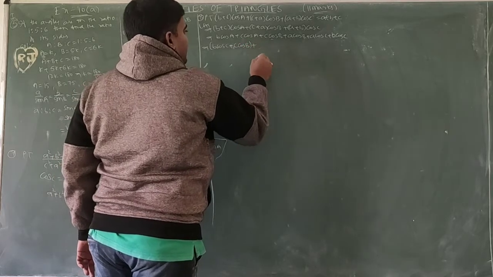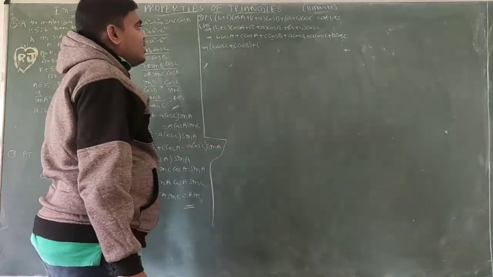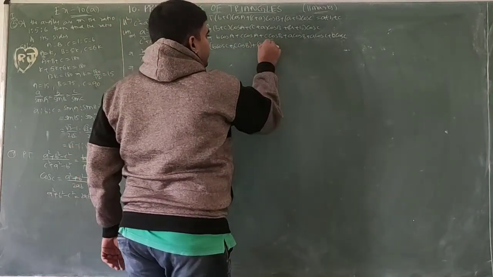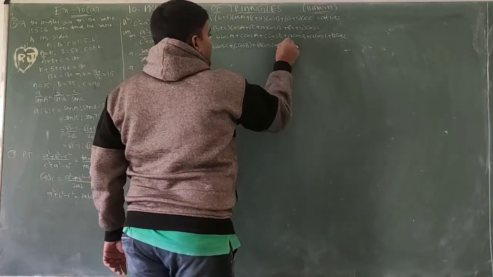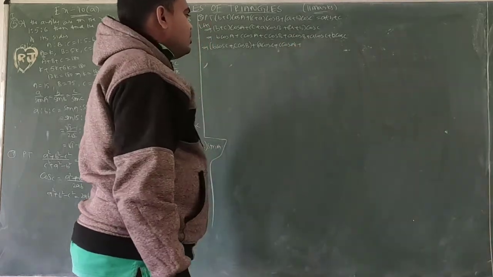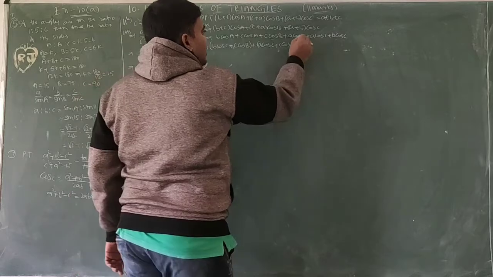Now I want to take AC combination: a cos C plus c cos A, plus the latter AB combination: a cos B plus b cos A.